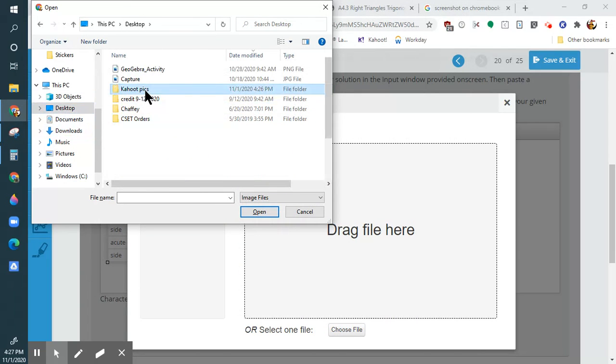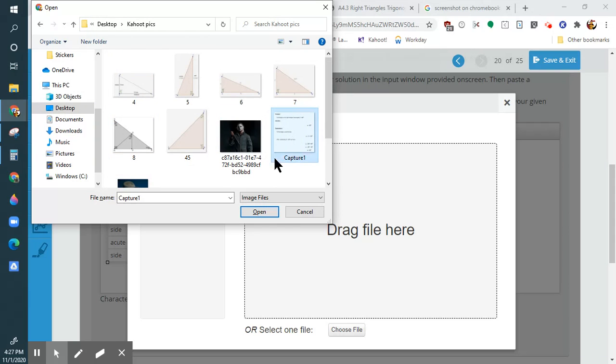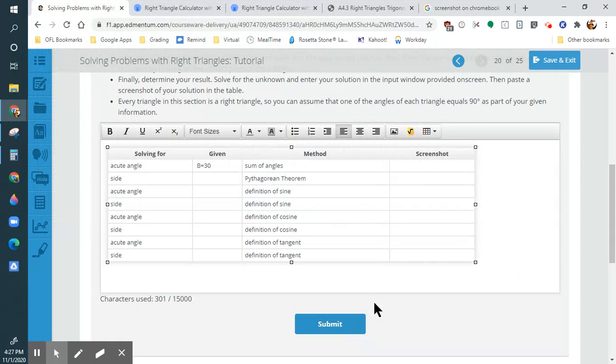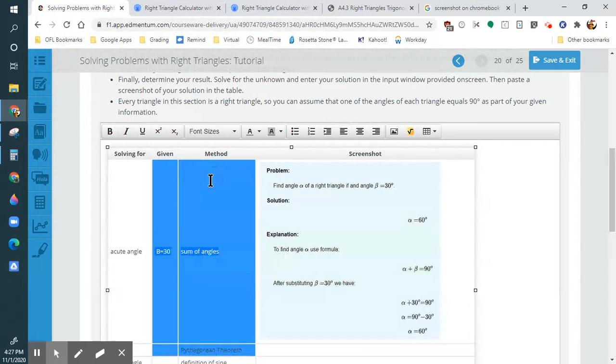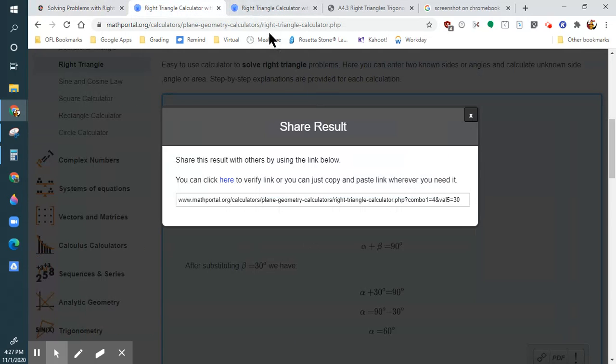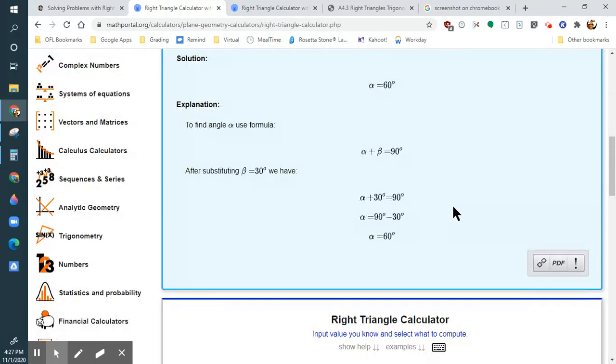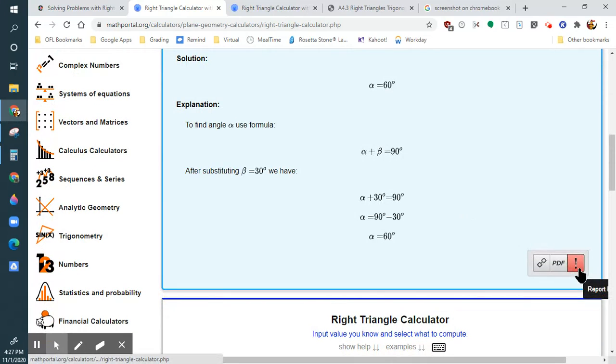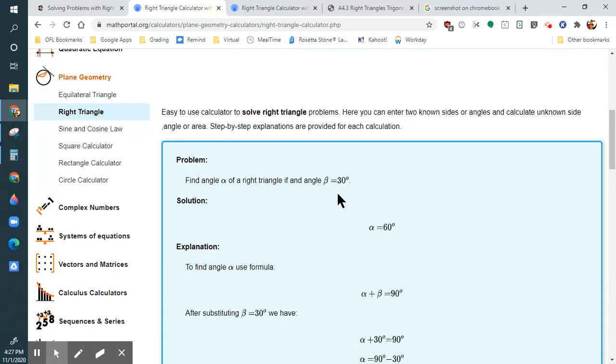Desktop, Kahoot pics, capture one. There we go. Next, I have to solve for a side. So if I'm solving for a side using the Pythagorean theorem, so get rid of this. And I think, what's this? Report, PDF. You could generate a PDF if you want to make a problem.